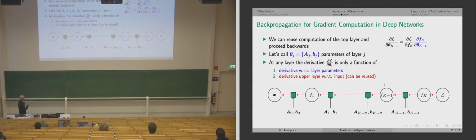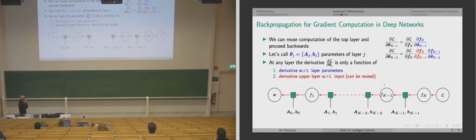Then we want to compute the derivative of the loss with respect to theta k minus 2, which are these guys. These are all partial derivatives, and we are always computing the derivative of the final loss with respect to some of these parameters, and then we go down.